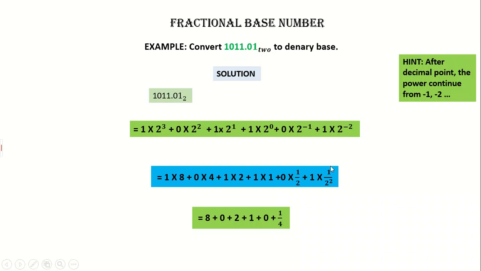Then 1 times 1 all over 2 raised to power 2 will give you 1 over 4, because 2 raised to power 2 is 4. So when you simplify further, you're going to have 11 whole number 1 over 4, which is the conversion of 1011.01 base 2 to denary numbers. So this ends this type of question.